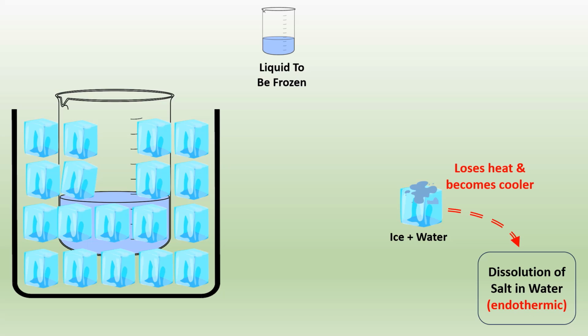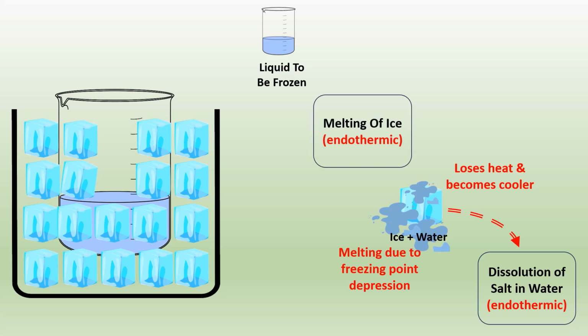Since we dissolved salt in water, its freezing point has lowered. We already discussed why salt melts ice, and here also ice will start melting. Melting is also an endothermic process. Ice needs energy to melt, which it takes from the liquid to be frozen, and the liquid becomes cooler. Melted ice now dissolves more salt.